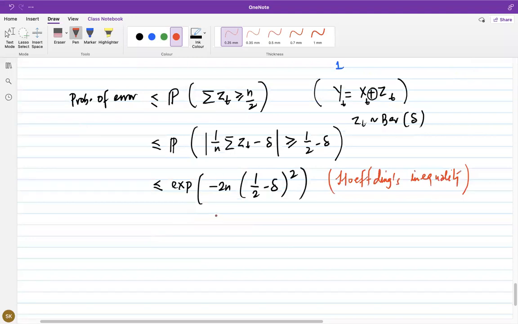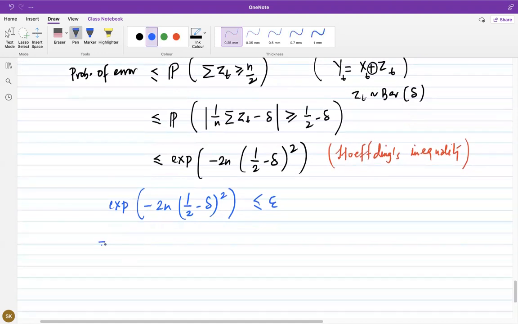This is exponentially small, and so if you want this overall probability to be less than a fixed arbitrary probability epsilon, then you must have exponential of minus 2n times (1 by 2 minus delta) whole squared less than epsilon, and that essentially implies that your n should be at least this fraction.